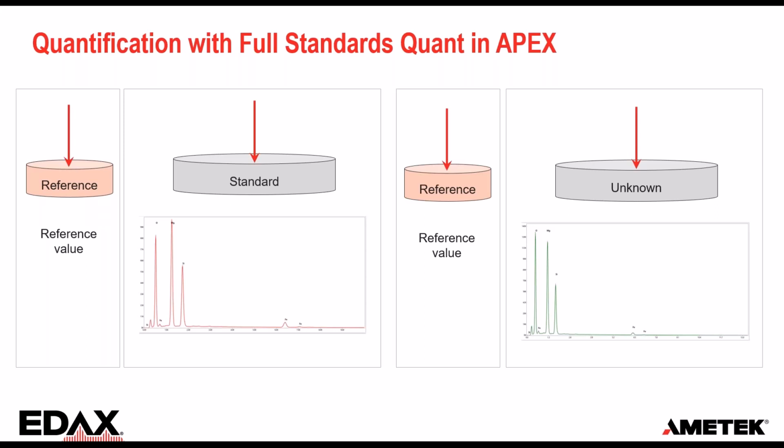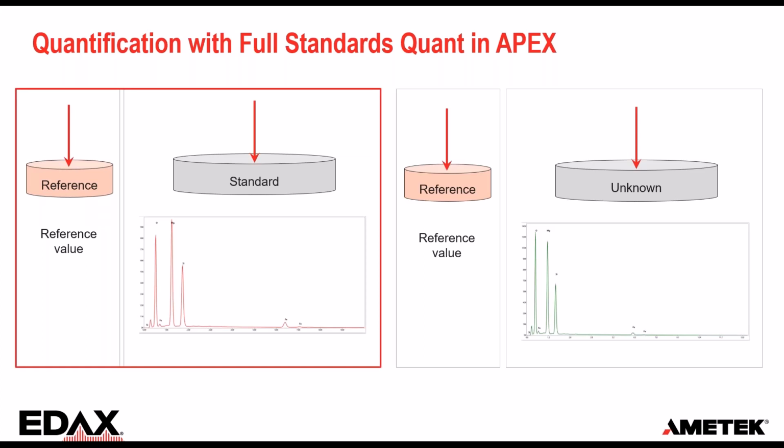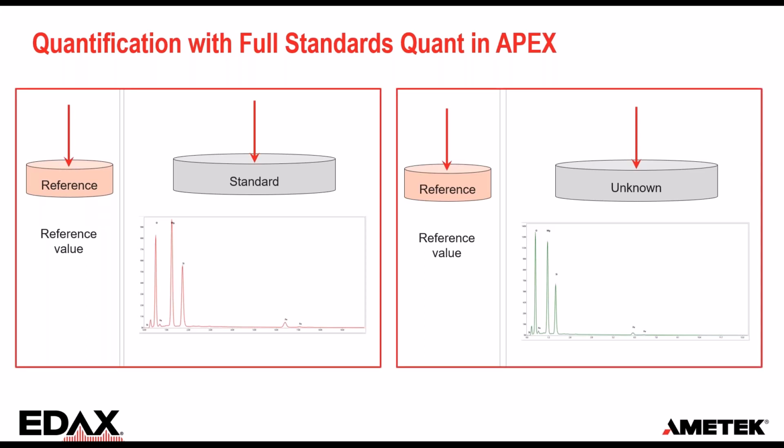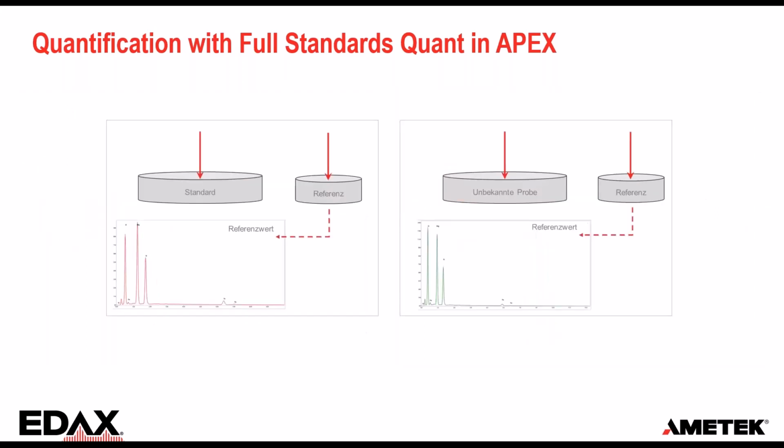Rather than carrying out the subsequent measurements, Apex uses the reference measurement and imprints the physical parameters onto the standard and onto the unknown measurement. This allows us to scale the differences between those measurements in terms of the solid angle and the beam dose, and the standard can then be saved and reused.